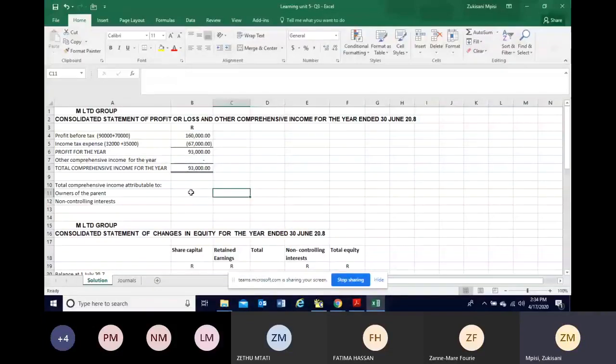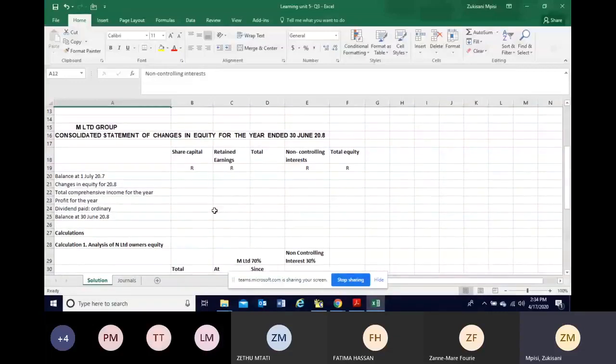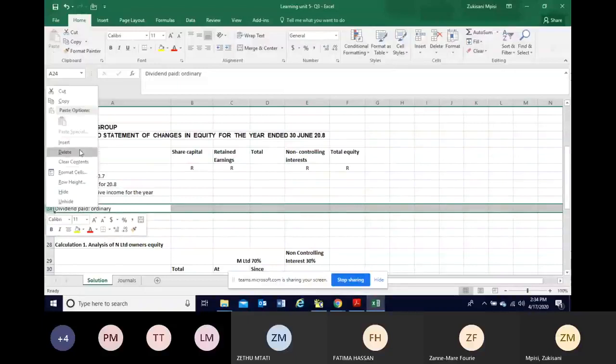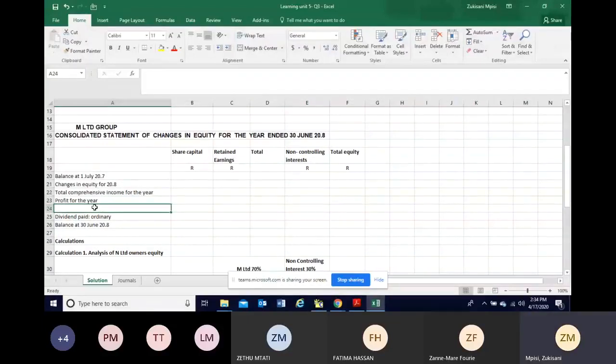Right. Then we are coming to this part here that says total income attributable to owners of the parent and non-controlling interest. Remember, this is one of the things that we will have to do when we come here. Comprehensive income is to know how much is attributable to the parent and how much is not attributable to the parent.